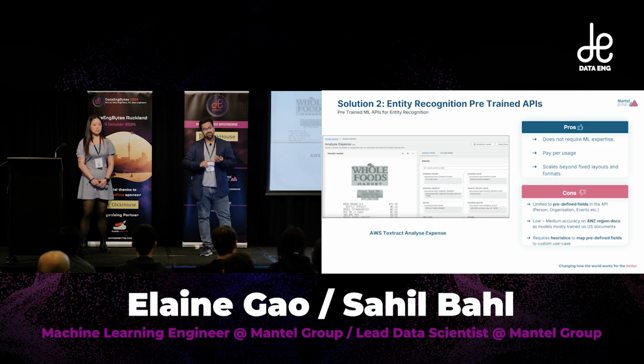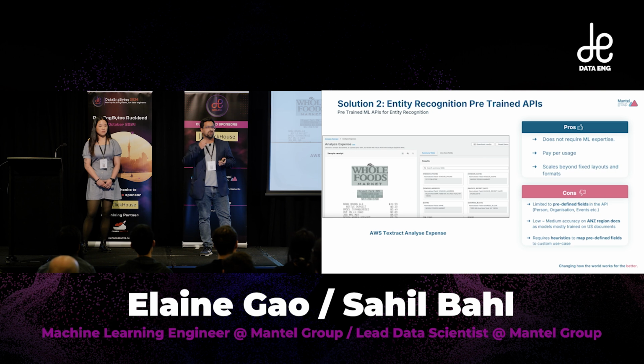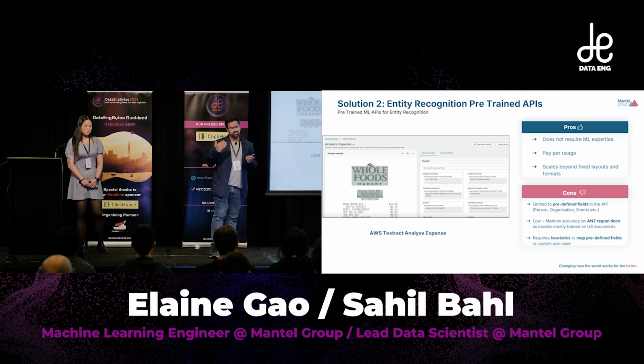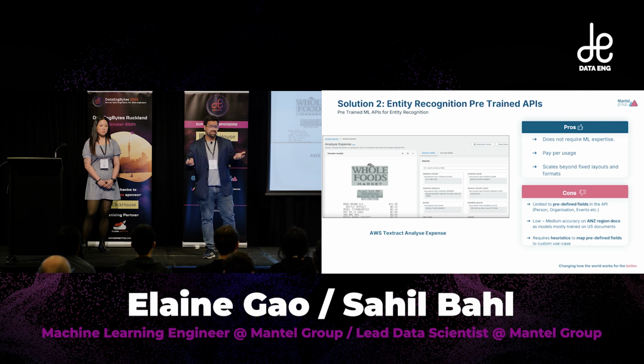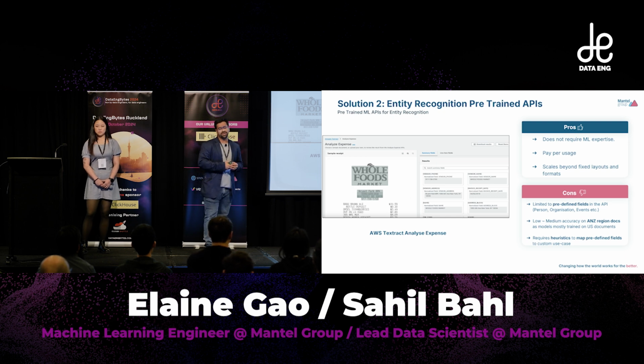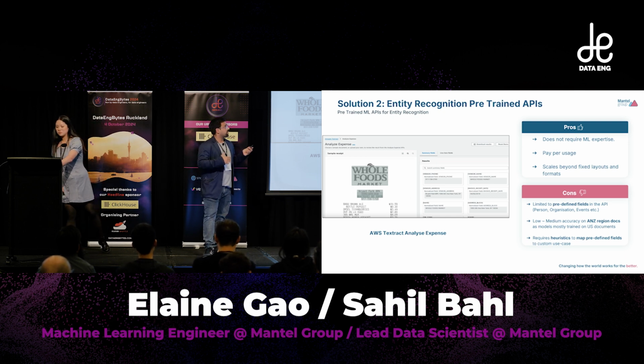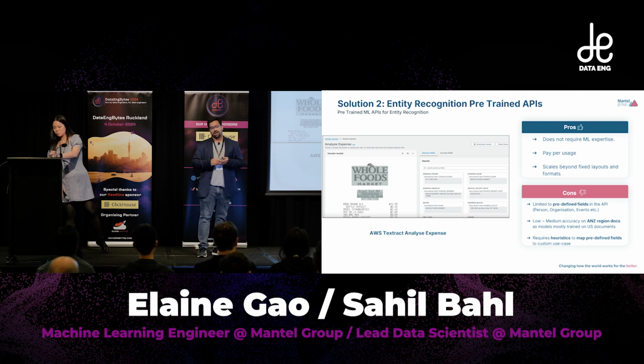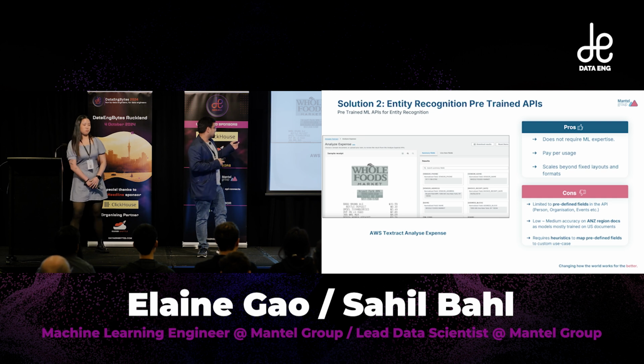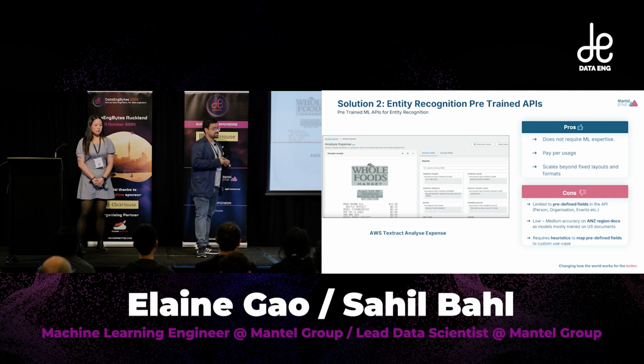The next thing to do is try and use machine learning. So with machine learning, rather than trying to train your own model, because it's such a common industry problem, entity recognition, there are quite a few APIs available, pre-trained models that can help you extract these relevant entities. An example is the AWS Textract Analyze Expense.